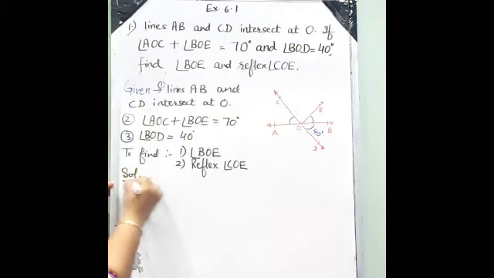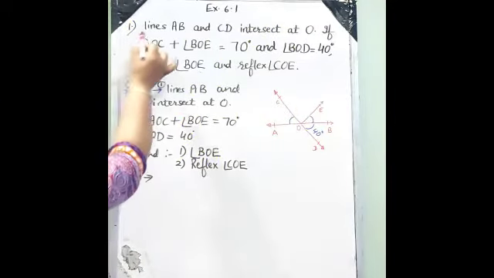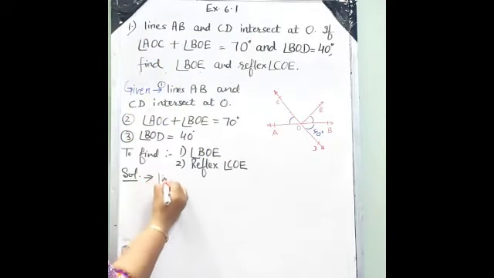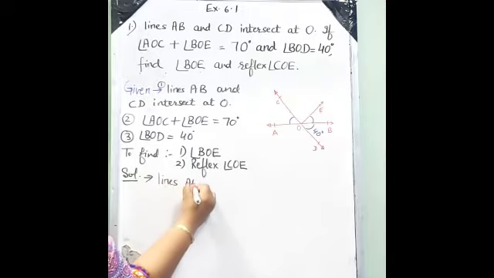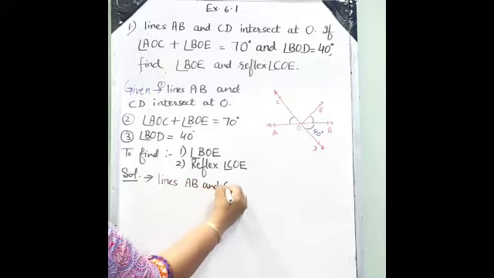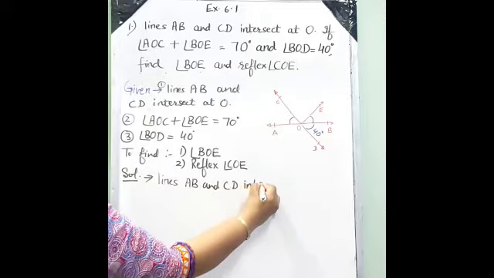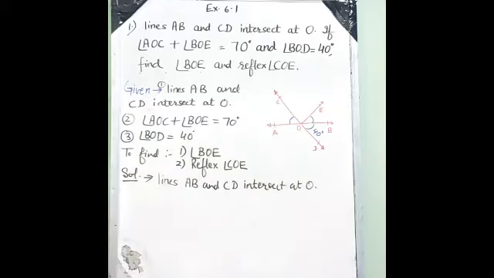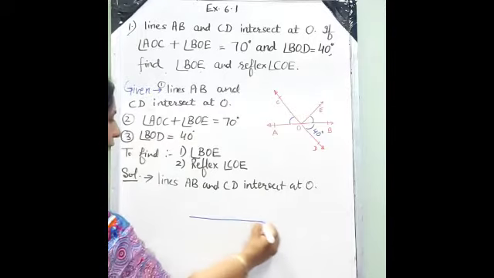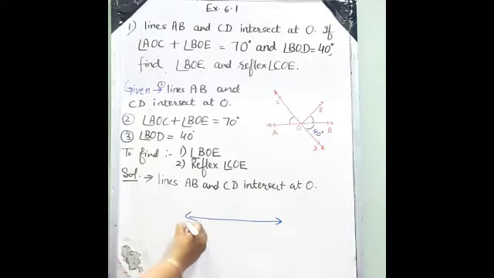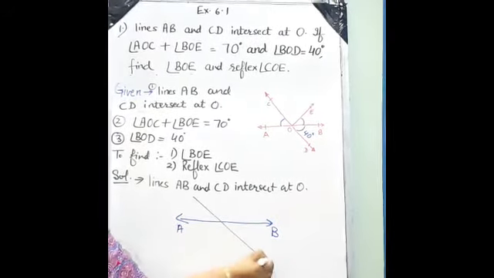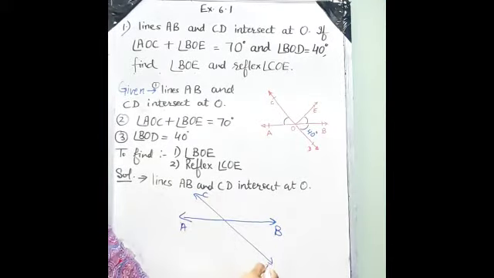Now we will start its solution. First line, lines AB and CD intersect at O. And we know that whenever two lines intersect each other, lines AB and CD, they are two intersecting lines.